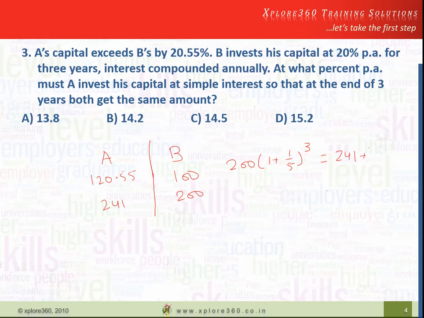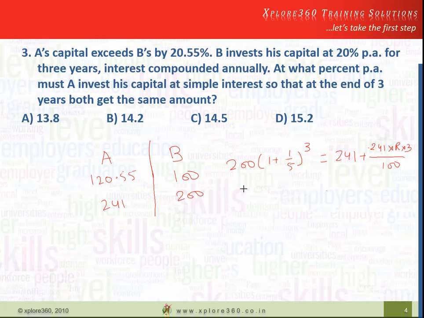Here the amount is going to be 241 plus, now this is the principal amount plus the interest, so PRT by 100. So 241 into rate of interest, which we have to find, T is 3 years, divided by 100. See, now you will have to do this calculation.